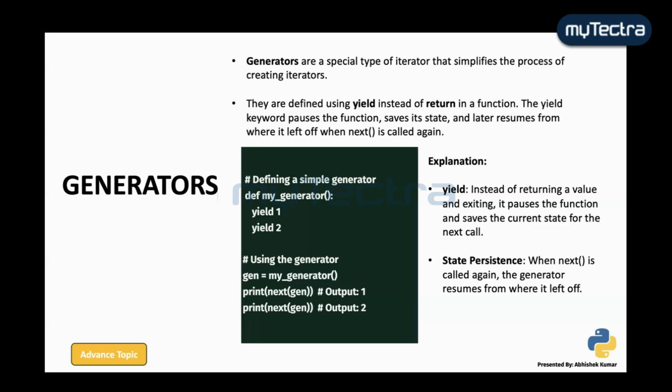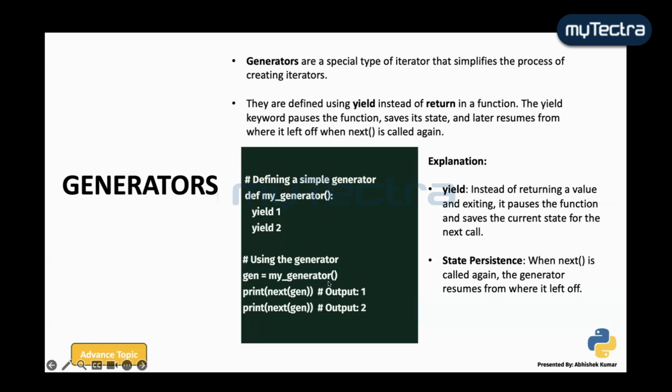That's how it works. So you have defined this method, a kind of generator, and there is yield one, yield two. You can pass on the list also, use a for loop or something, and then yield the elements one by one.